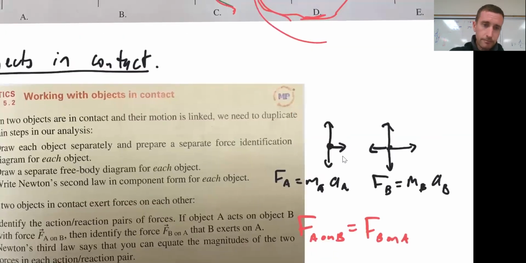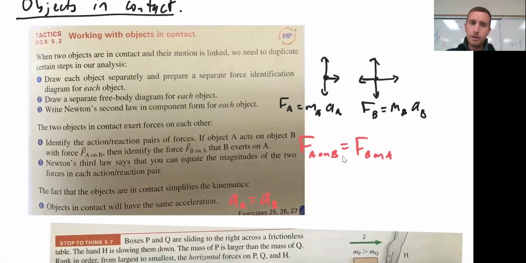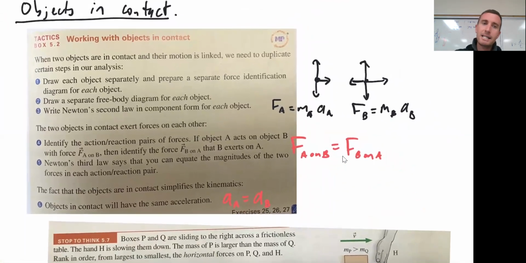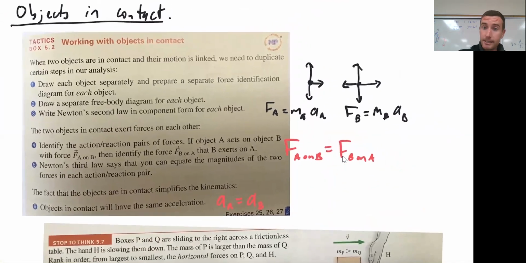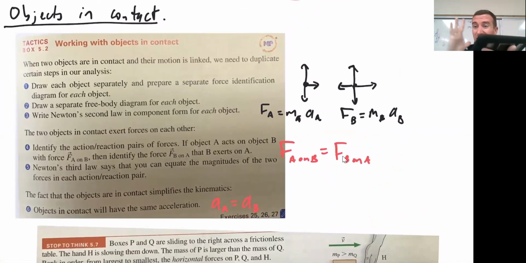All right, let's do some sample problems. Objects in contact. So if I have two objects and those two objects are touching each other, like two cars that have already been in a rear end collision, right? They are connected to each other, big truck, little car, now they're stuck, and then one is pushing the other one, okay?